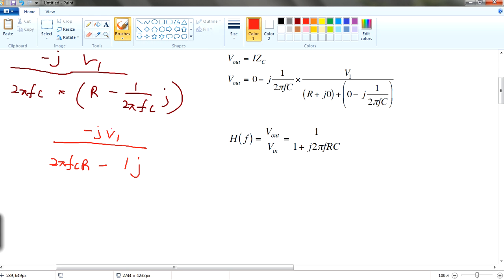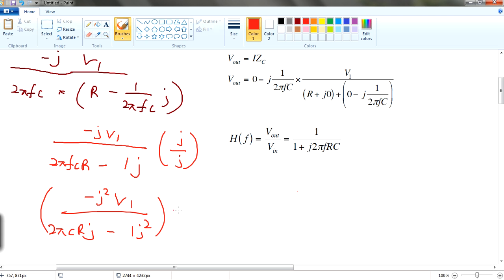So what I can do is, you know that J square is equal to minus 1. I can use this understanding to multiply with a J over J, which is actually 1. So if I multiply J over J inside, I'll have minus J square V1 over 2 pi FCR J, and then minus 1 J square.